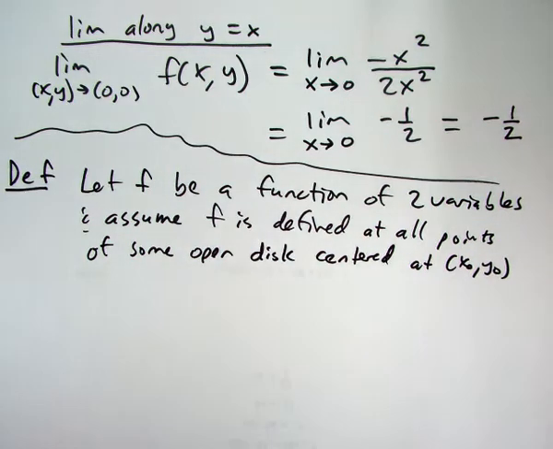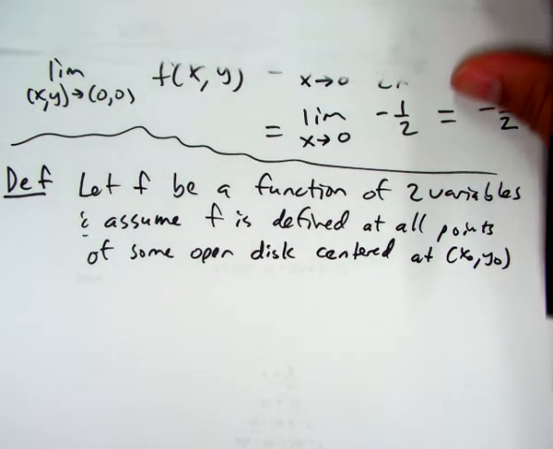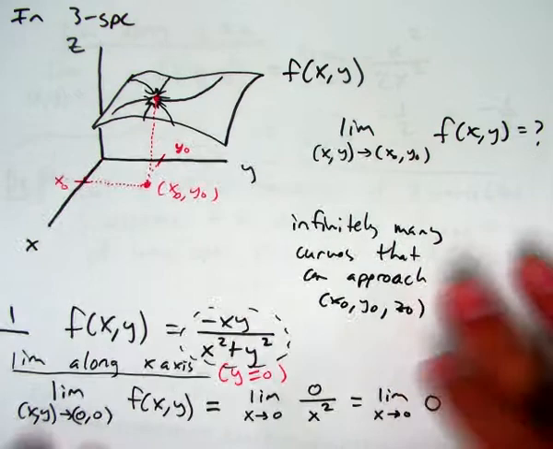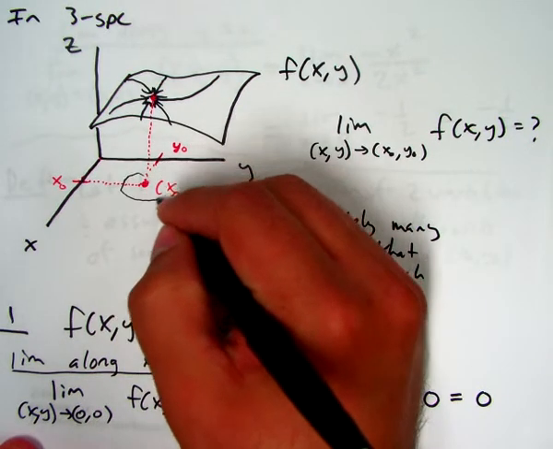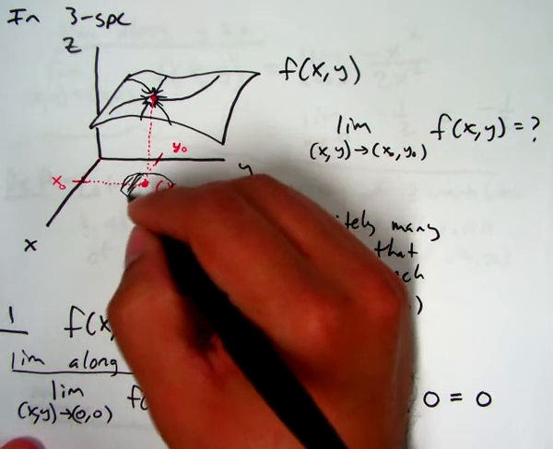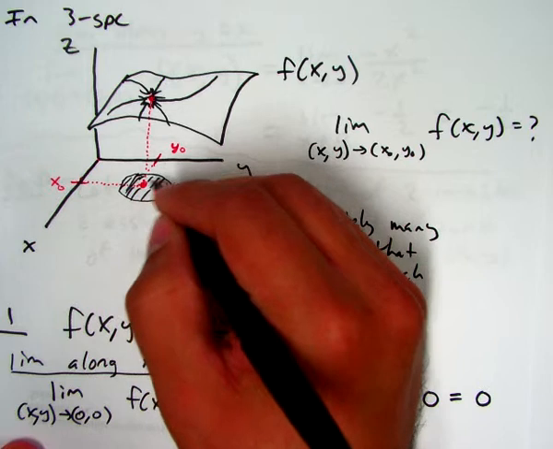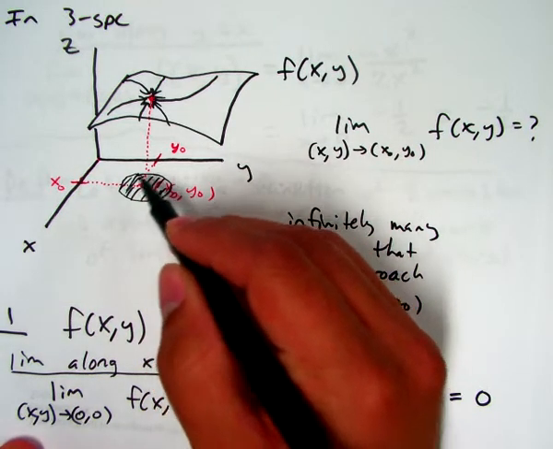So what we're saying so far in the definition is, here's this disk, and we're arguing that the function is defined everywhere within this disk.